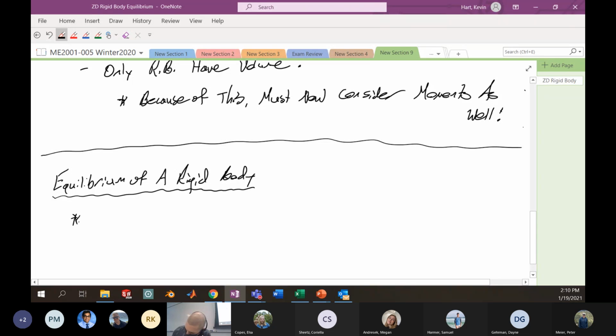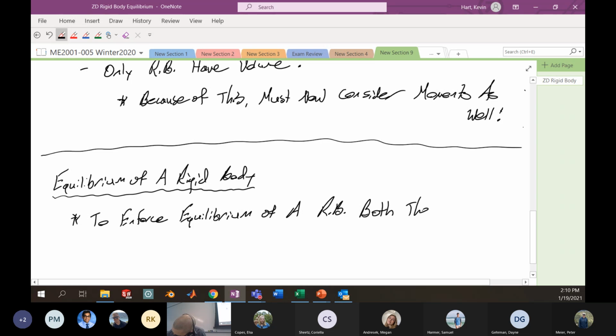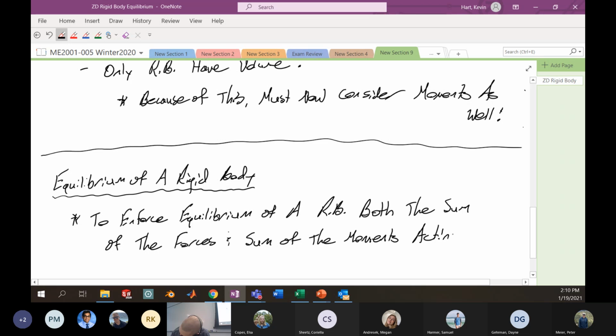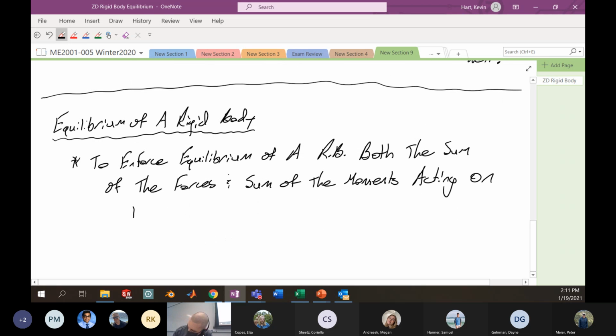So to enforce equilibrium of a rigid body, both the sum of the forces and the sum of the moments acting on that body must be 0.